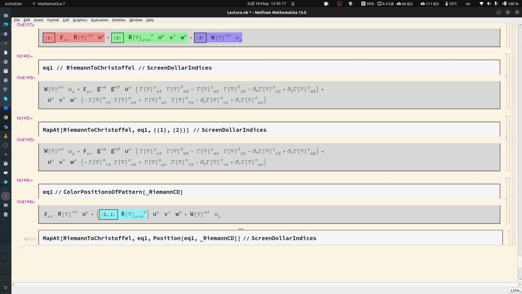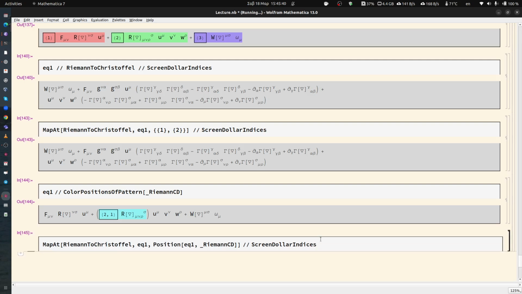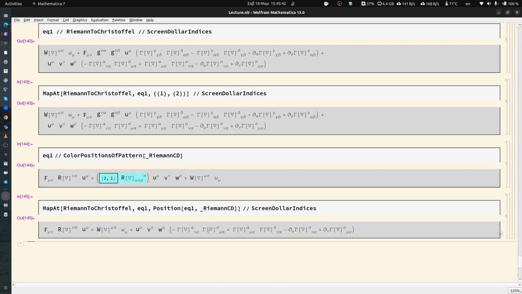So you know that RiemannToChristoffel can also be applied on terms that have the Ricci tensor, which also can be found in term 1. So this way we say that we want to make the substitution only in the parts of the expression that involve the Riemann tensor. And you see that this term here is left intact without making the substitution.